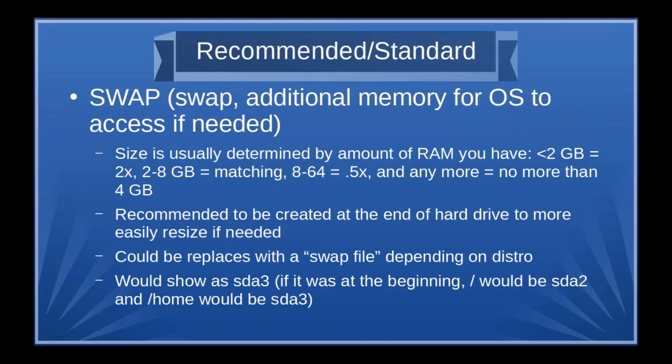If you have less than 2 gigs, you would double that up, because you need more than just 2 gigs. 2 to 8 gigs, they say, just match it. If you had 8 gigs of RAM, your swap probably wouldn't need to be twice as much. And in fact, the more you get, the less it would go. Used to be, we talked about having at least 1.5 times your size. So you control that.